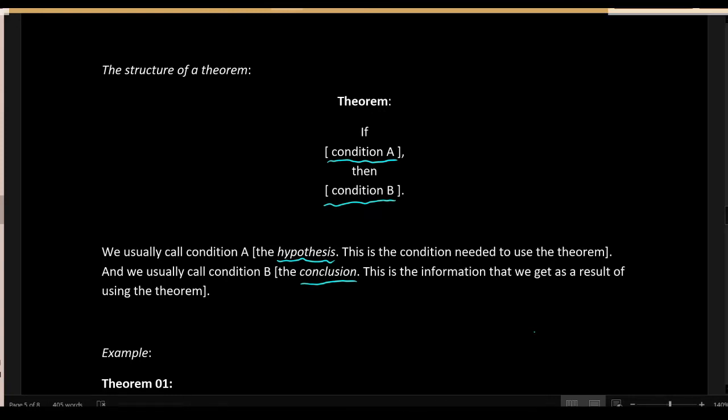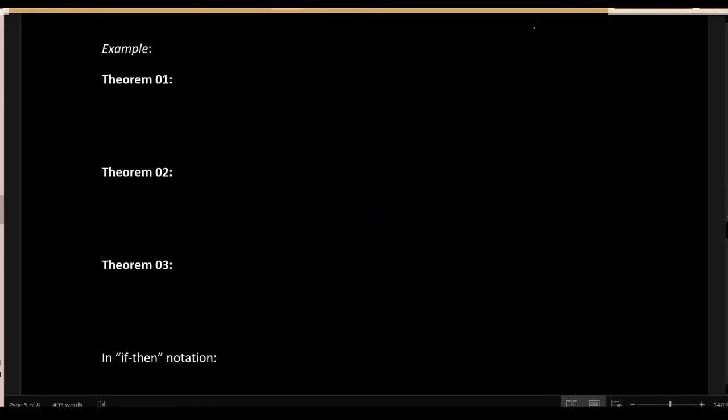So let's do some simple examples of theorems, and let's start with a really basic real-world one. Here is a theorem for you. If it is raining, then the street is wet. If it is raining, then the street is wet.